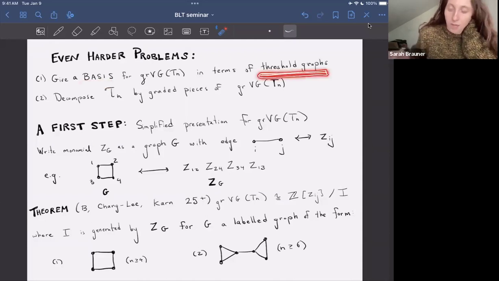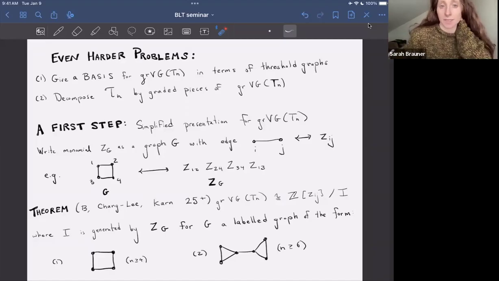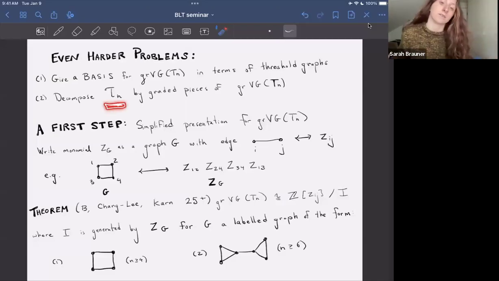So we have a way of thinking about threshold graphs as counting the dimensions of the graded pieces, but I would like to upgrade the story from just dimensions to some sort of algebraic statement about a basis of the ring. And then I also would really like to understand the representations on the graded pieces of this ring.